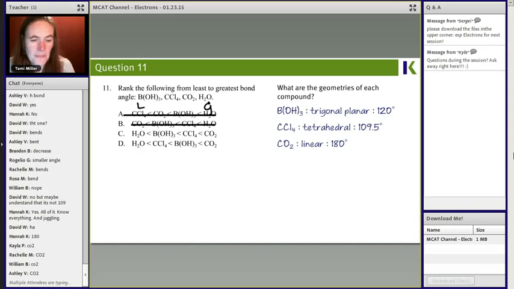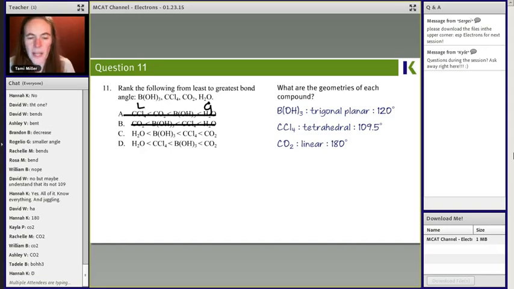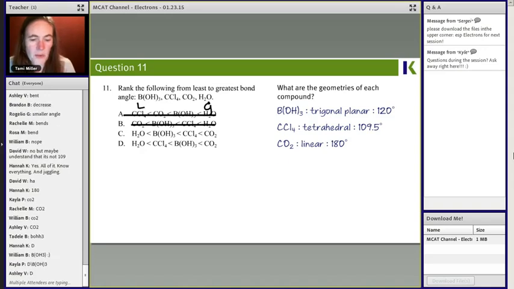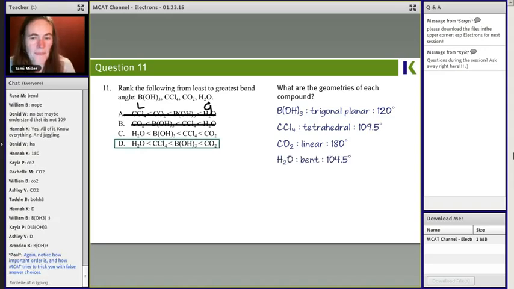Notice we only have to do the middle two. My BOH3. So notice that once I have the largest and smallest, all I care about are these middle two and ranking those. Anytime you have carbon with four things around it, it's always going to be tetrahedral. So it's always going to be 109.5.